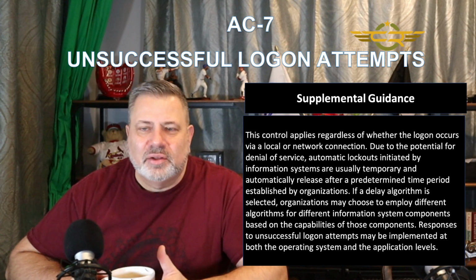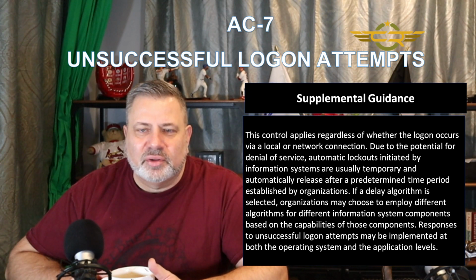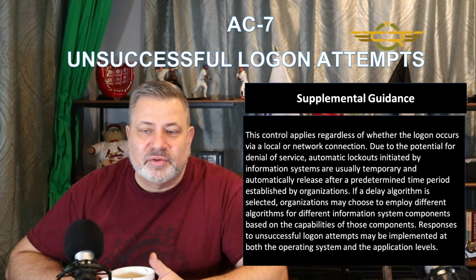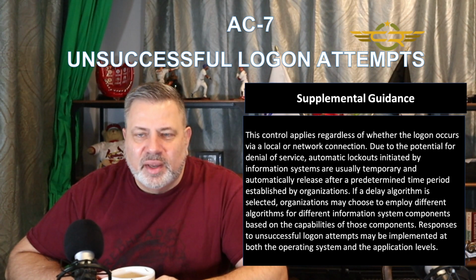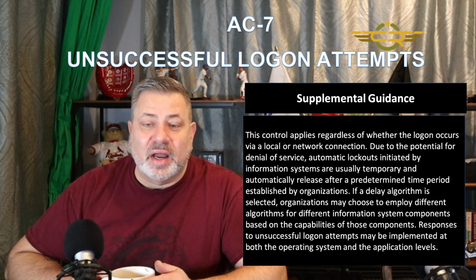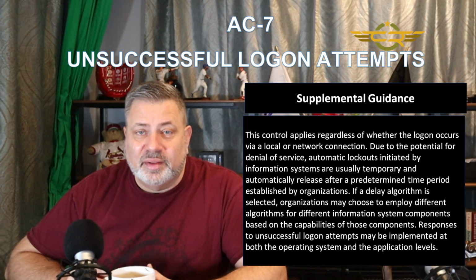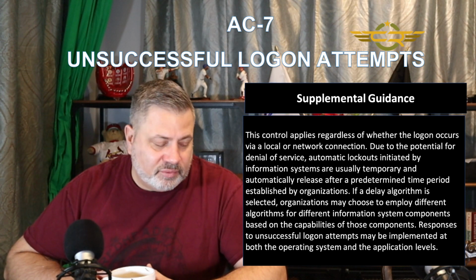If a delay algorithm is selected, organizations may choose to employ different algorithms for different information system components based on the capabilities of those components. Responses to unsuccessful logon attempts may be implemented at both the operating system and application level. And I would say, yeah, do them both on the operating system and the application level, if you can, right?